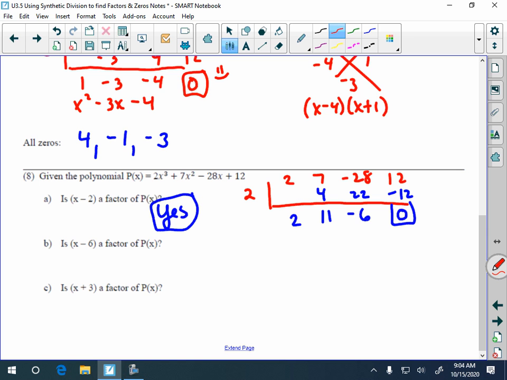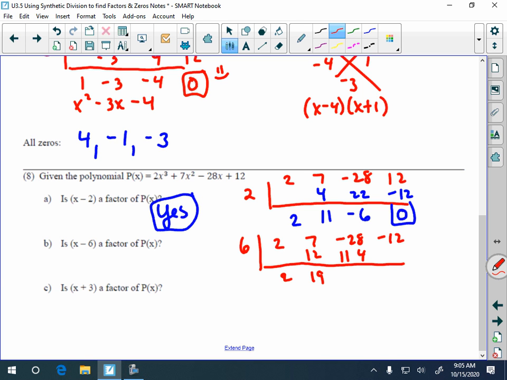So now we're going to try the factor x minus 6. So we change the sign to positive 6. Right. And then the coefficients stay the same. Right, so just do the process again. That's 12. That's 19. That's 6 times 19. That's 54. That's 114. All right, and then we subtract 114 minus 28.